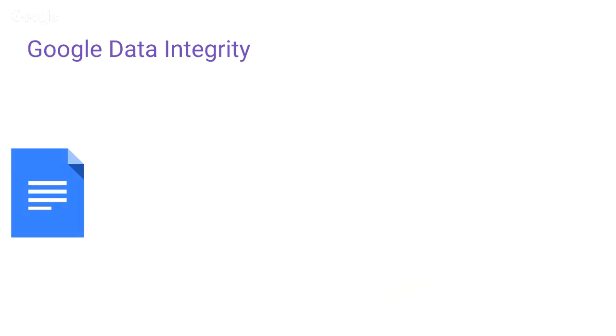Take this document, for example, and the same applies to any type of asset, an email or a calendar invite, etc. The first action Google undertakes is to encrypt the document while it's at rest, while it's on your machine and while it's in the Google data center, but also while it's in transit between data centers and down to your local device.